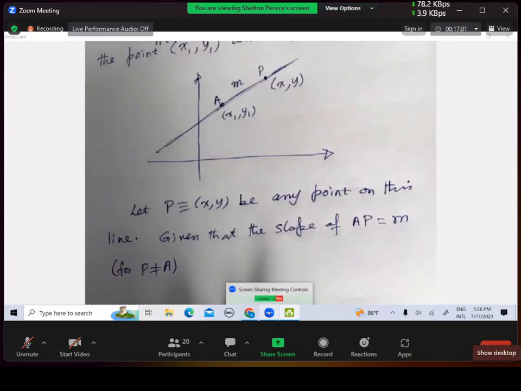They are the same point. To find the slope, we need two distinct points. So the argument that we give here is valid as long as P is not A.